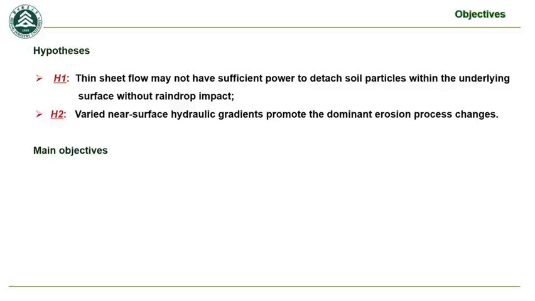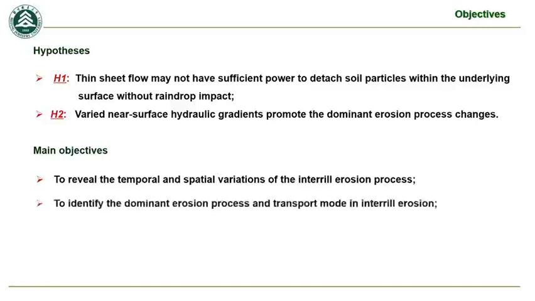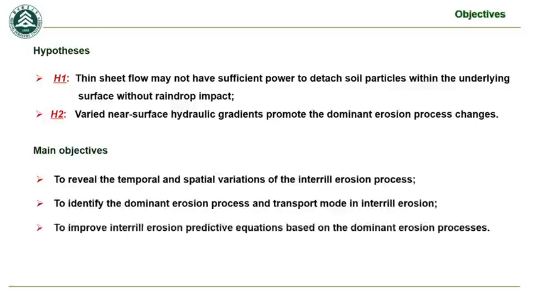And there are three main objectives for this study. The first one is to reveal the temporal and spatial variation of the interrill erosion processes. The second is to identify the dominant erosion processes and transport modes. And the last one is to improve interrill erosion prediction equations.